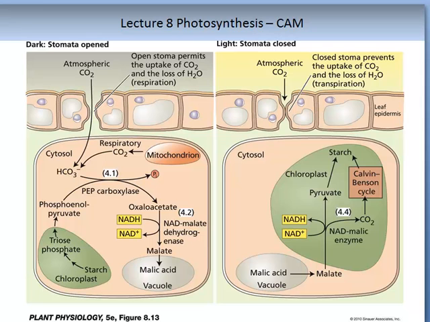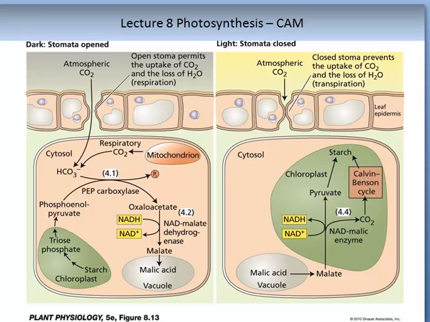This figure from the Plant Physiology recommended textbook sums up the processes. In the dark, as we stated before, the stomata are open. Atmospheric CO2 is absorbed into the cytosol. This is where it is able to be combined with the compound PEP carboxylase. There are a number of steps from the production of PEP carboxylase to malic acid, which is then stored with its important CO2 combined in the vacuole.